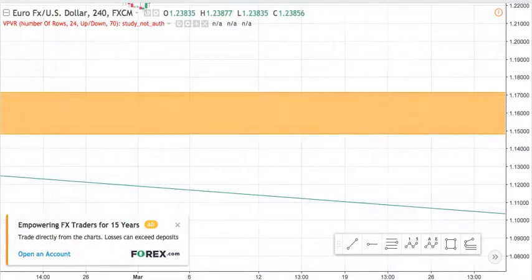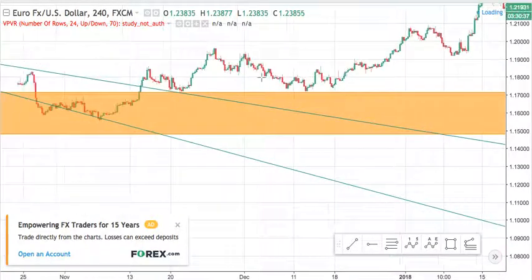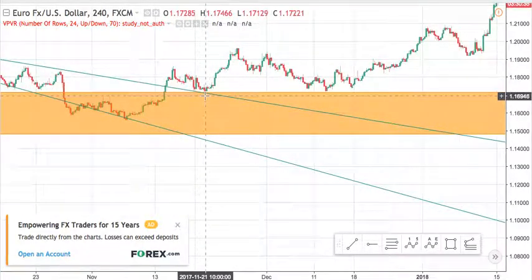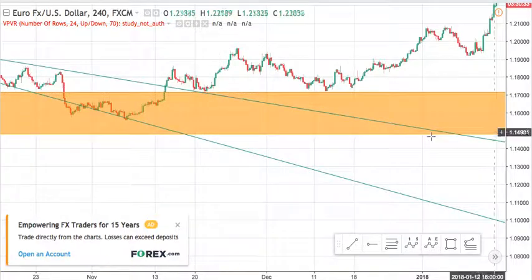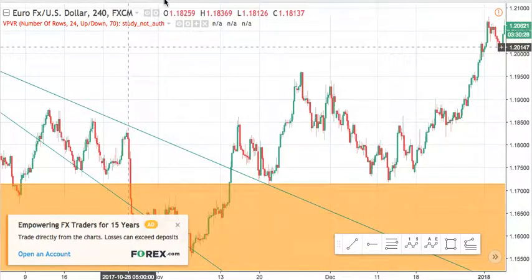Let's go back down into a 4 hour. And look how perfect this is. Perfect. And that's starting from a higher time frame.